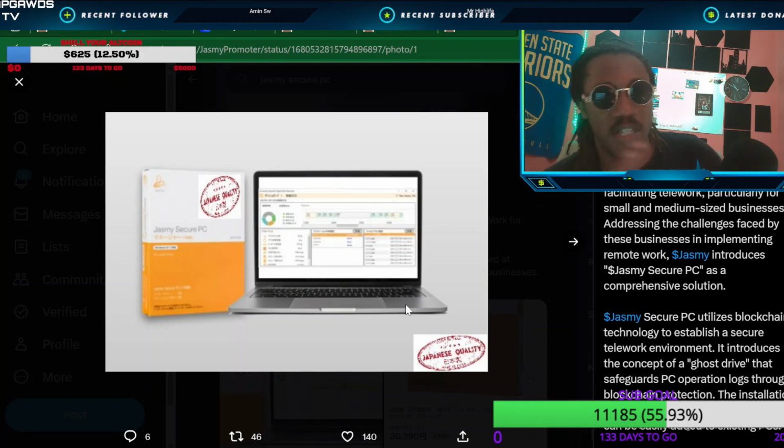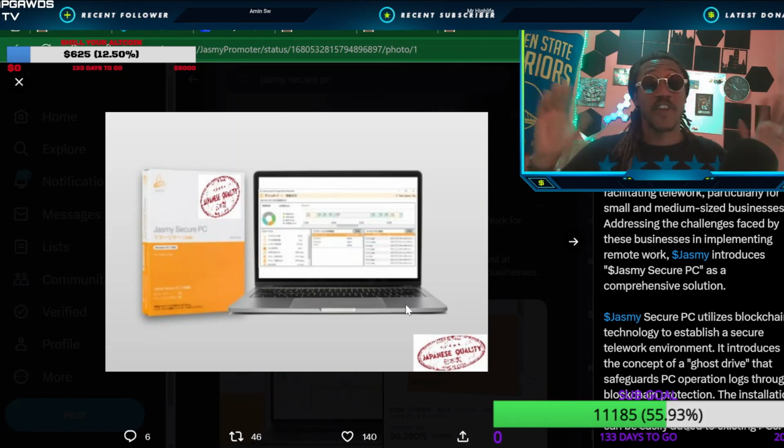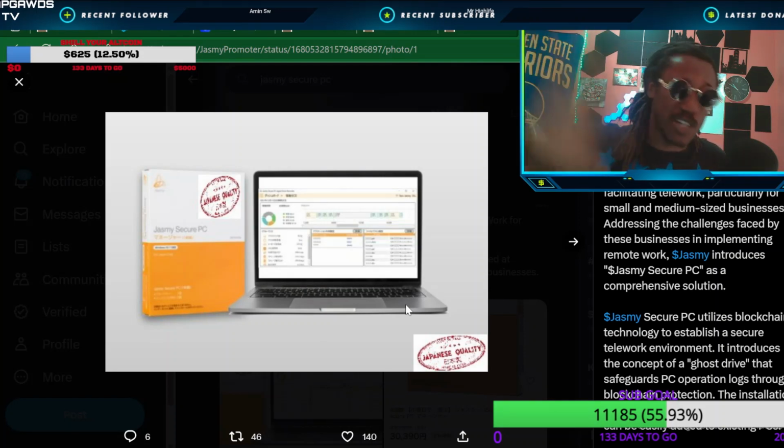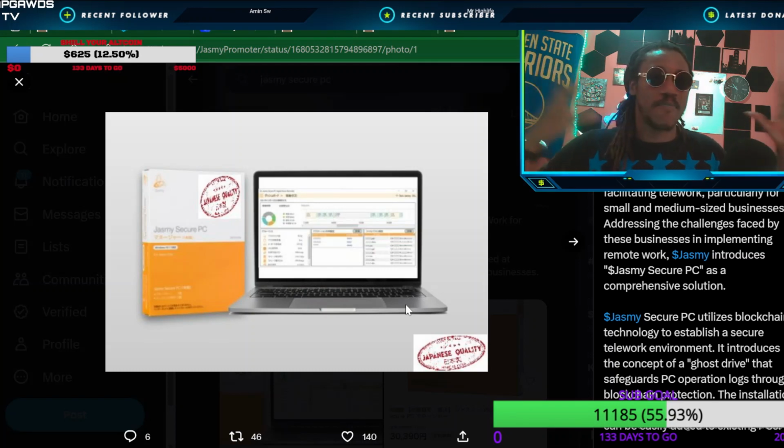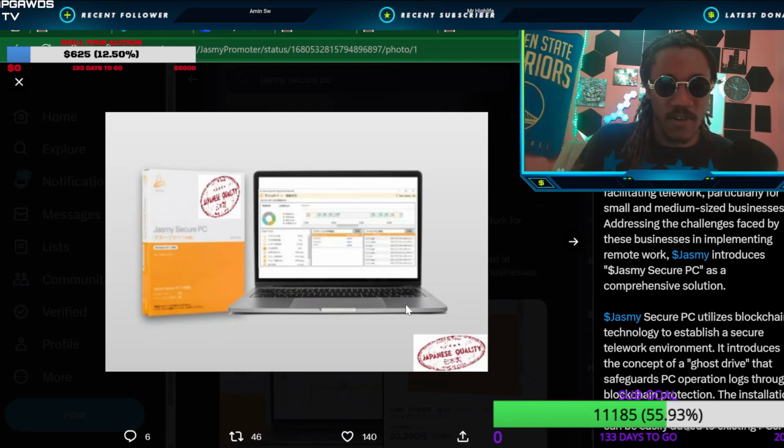It pretty much covers everything that I like as an investment, right? Product, the ability to generate revenue, community, utility, use case, real world use case. So very, very bullish on Jasmy. Hopefully that explains how Jasmy is being utilized for data security and data monetization. Hopefully a lot of people got a better idea on why Jasmy is a great investment.